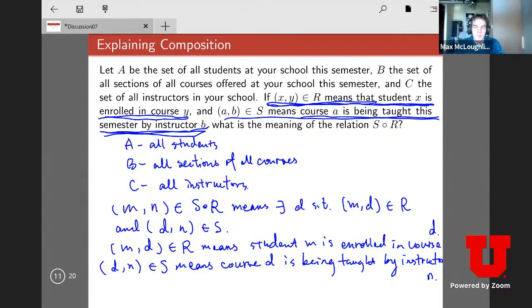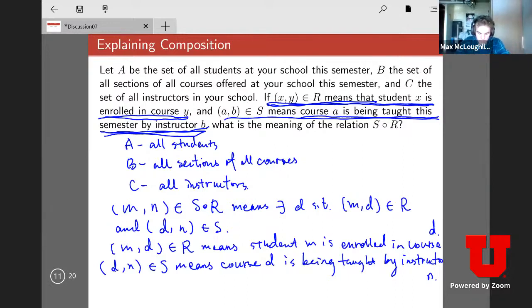So how do we put them together? What does M, N in S composed with R mean in English? How do we put these two sentences together? It means that student M is in a course being taught by instructor N. Yes, almost. Student M is enrolled.